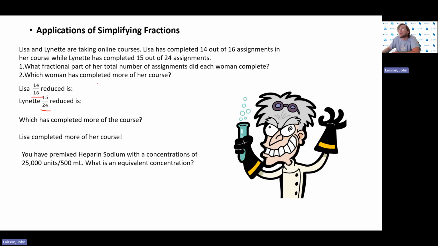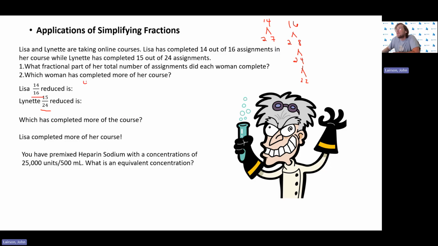So let's simplify these fractions here. 14 turns into 2 times 7, and 16 becomes 2 times 8, which becomes 2 times 4, which becomes 2 times 2. Again, I'm just using the divisibility rule for 2, essentially. It's even, even, even, even.